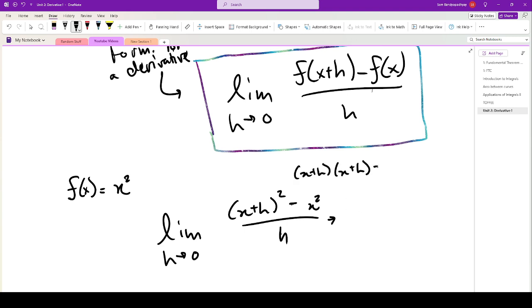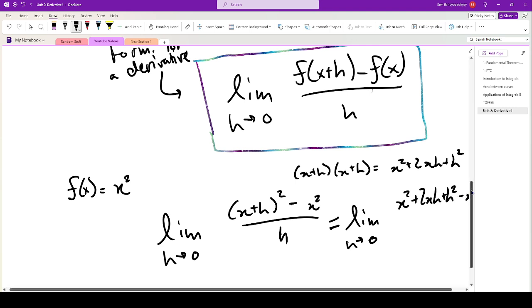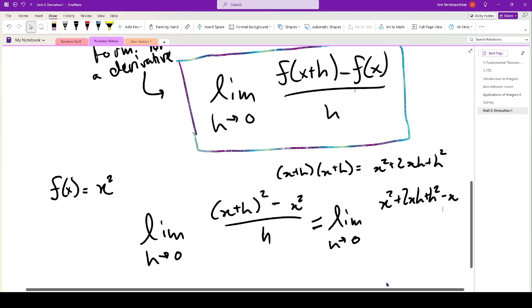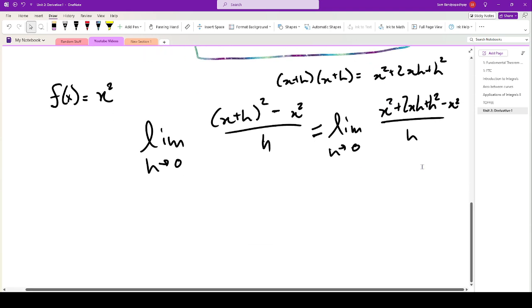You should know that this is just going to be x squared plus 2xh plus h squared, right? So really, we're just taking the limit as h approaches 0 of x squared plus 2xh plus h squared minus x squared, divided by h. And you'll notice these two x squared terms boil out, because x squared minus x squared is 0.